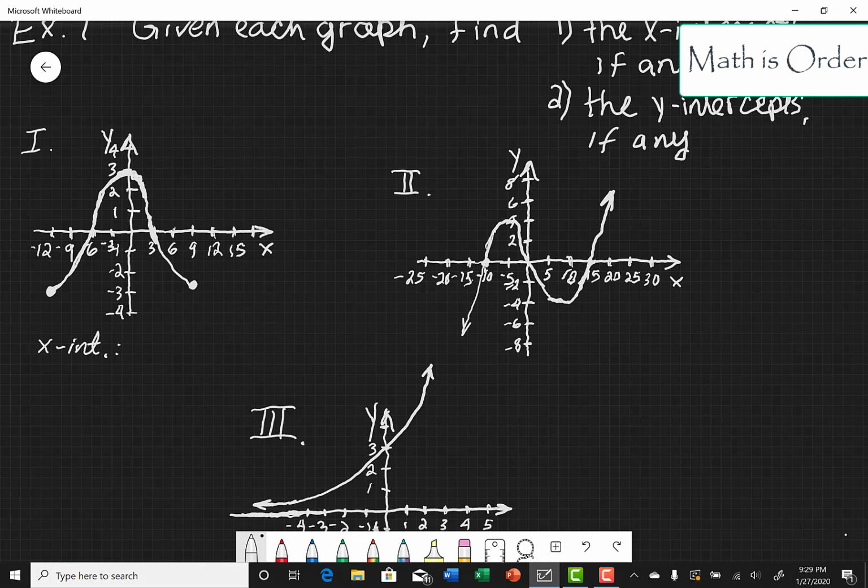This graph 1 here appears to cross the x-axis at the locations (-6, 0) and (3, 0). And what are the y-intercepts? Well, the graph appears to cross the y-axis at the location (0, 3).